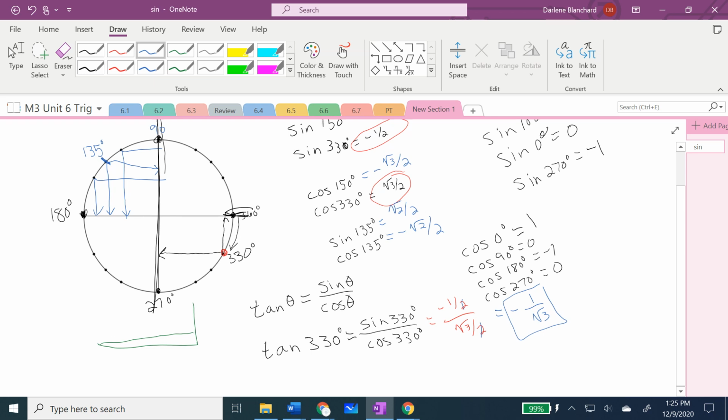But let me also point out to you, because I find it very helpful, but you may not, so it's up to you, that if I look at a line that goes through the origin and goes through the point on the unit circle that lands right there at 330, the tangent of that angle is the exact same thing as the slope, because you are looking at what is y divided by x when you deal with slope.